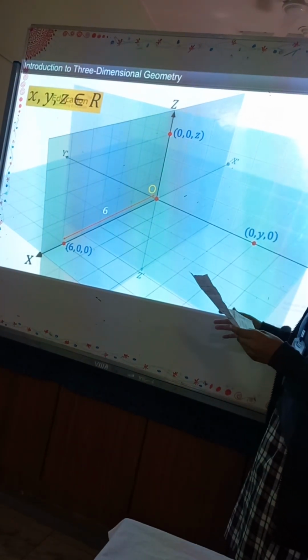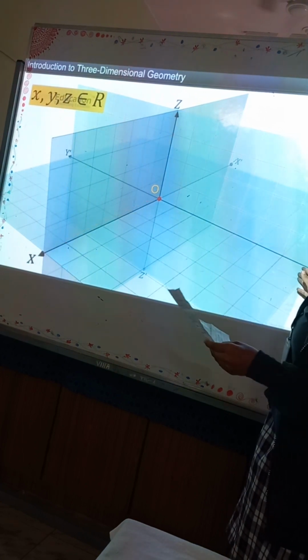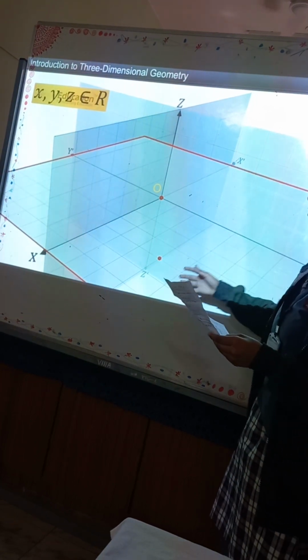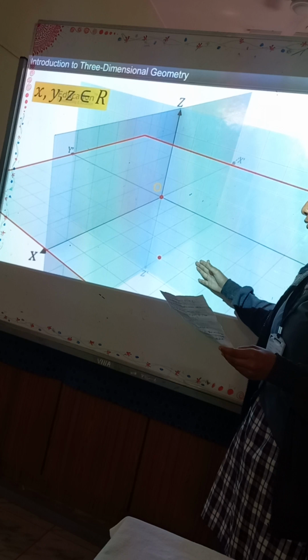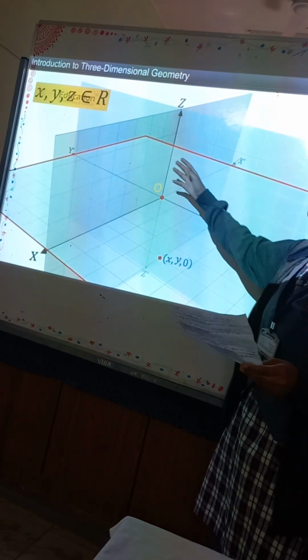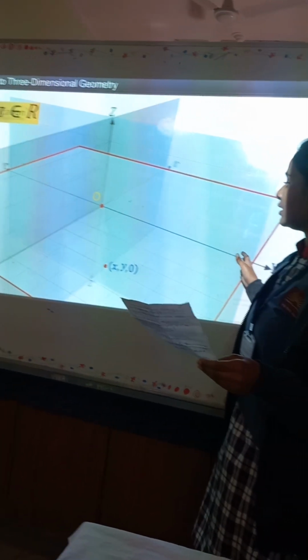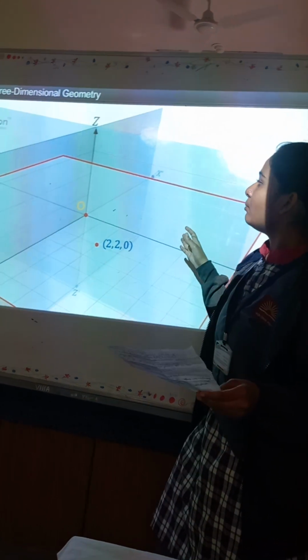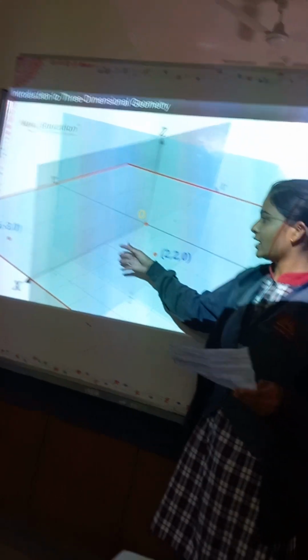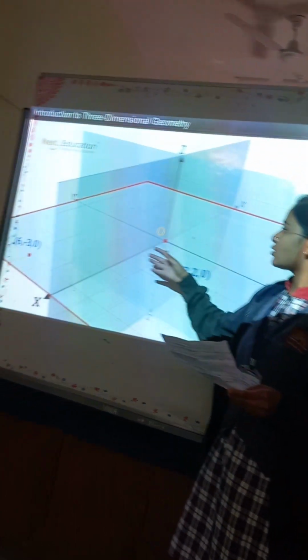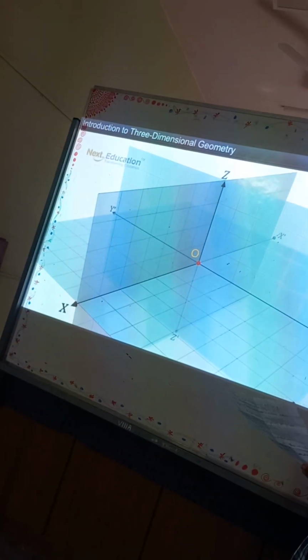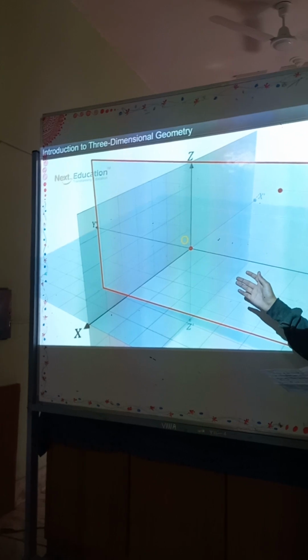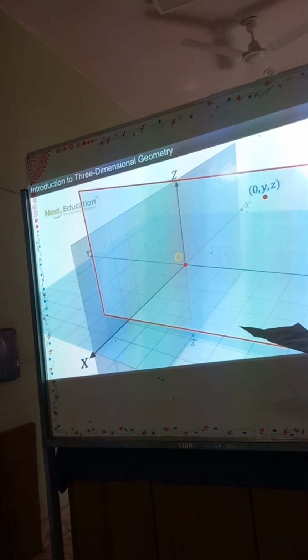Now any point on the xy plane is in the form x, y, 0. Similarly, any point on the yz plane is in the form 0, y, z, and any point on the zx plane is in the form x, 0, z. Here also x, y and z are real numbers.